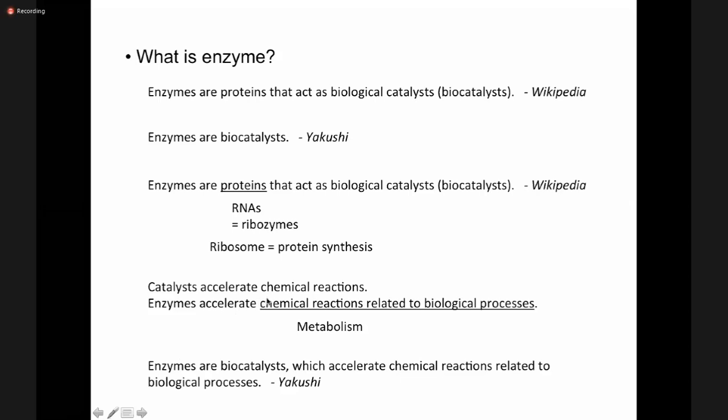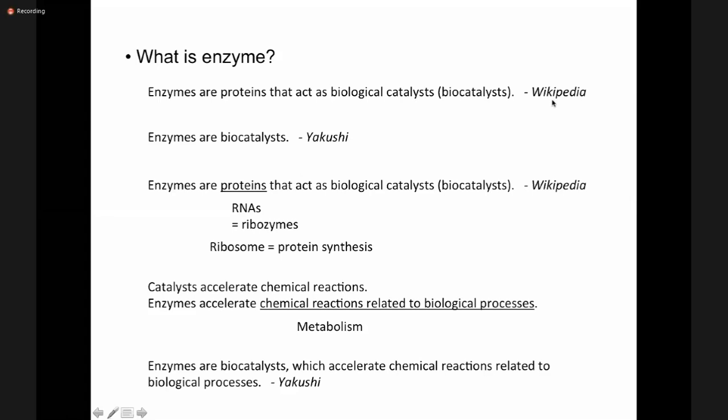can you answer? Yes, an enzyme is a protein that has a catalytic site and can convert the substrate into the products. Good. Very good. Actually, I checked Wikipedia again for enzyme.